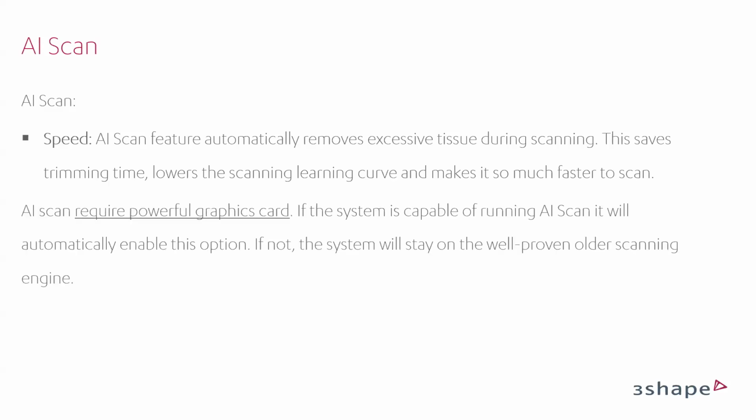Also, the AI scan feature requires a powerful graphic card. It's quite important, and it should be set properly to maximum performance. If the system is capable of running AI scan, it will automatically enable this option in the menu that we checked previously. If not, the system will stay on the well-proven older scanning engine.